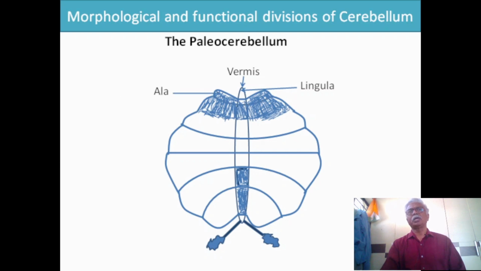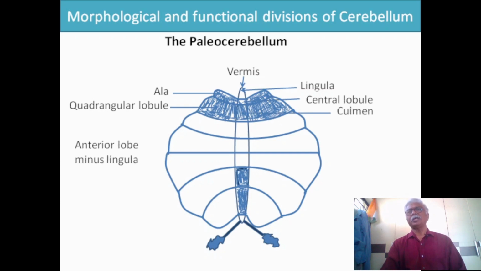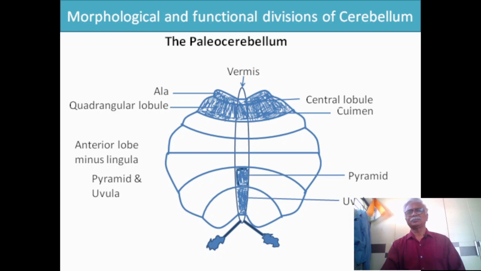It consists of the ala and quadrangular lobule, central lobule, and culmen of the anterior lobe, which is the anterior lobe minus the lingula that is part of the archicerebellum, plus the pyramid and uvula of the middle lobe.